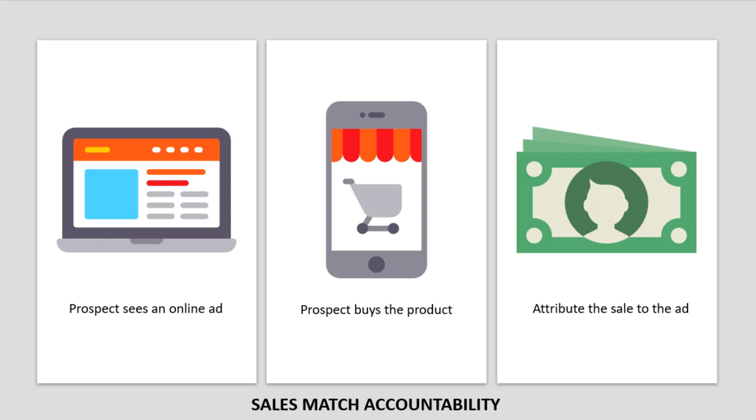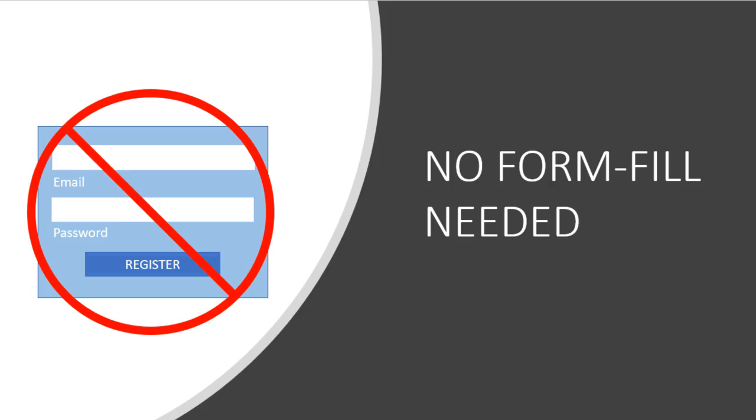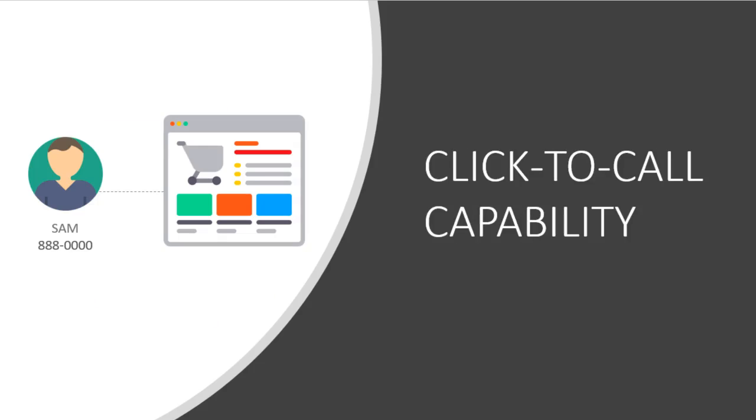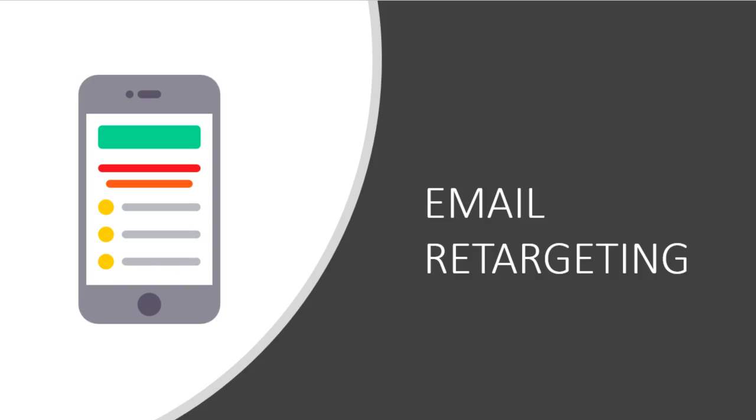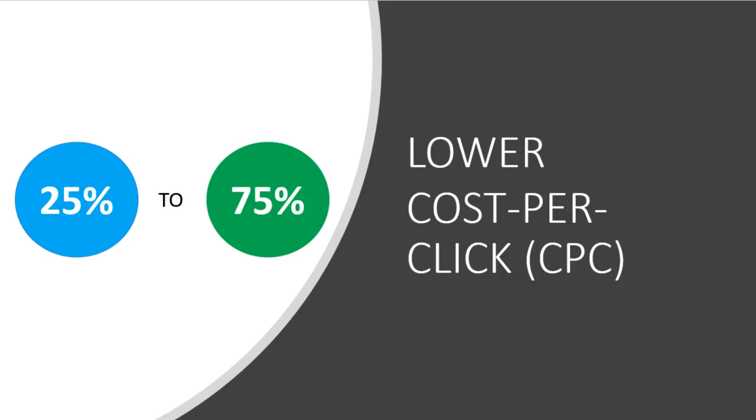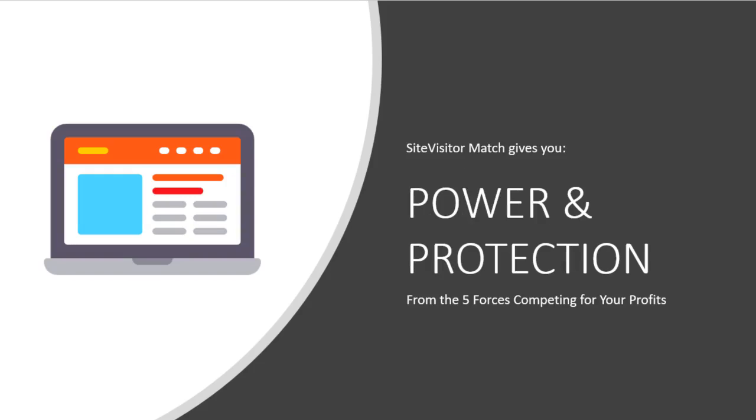You get sales match accountability, the ability to resolve a visitor's identity without a form fill. You get click-to-call capability and dynamic inbound conversion. Email retargeting without the need for an opt-in. Real-time behavioral lookalike targeting that lowers cost per click by 25 to 75% on average. And even with all that, we're just getting started.